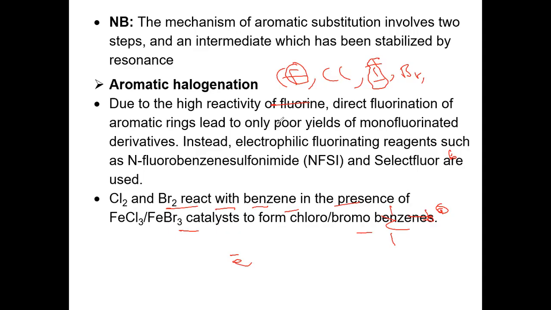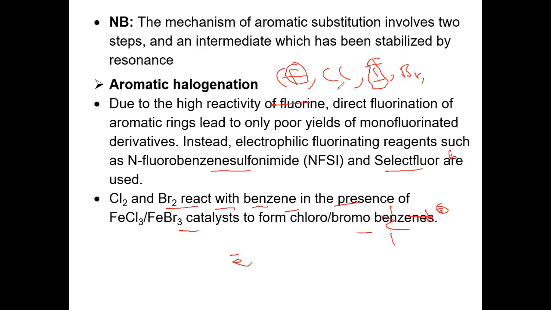So what we are seeing in the first long passage is that fluorine is highly reactive, and so when you use it in this reaction, it gives you a very low yield. So instead, use this. Now, I've seen this in exams before, trust me. This is how we do fluorination. We use these reagents, Selectfluor, and then NFSI.